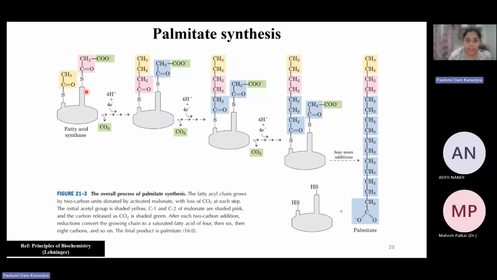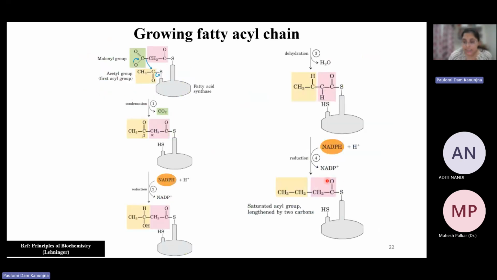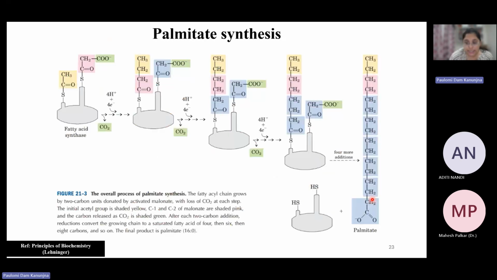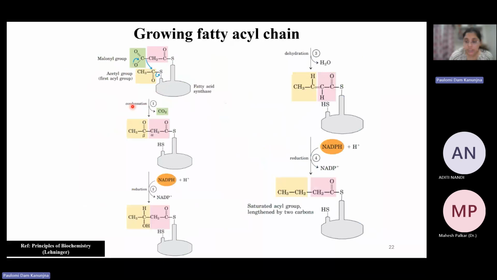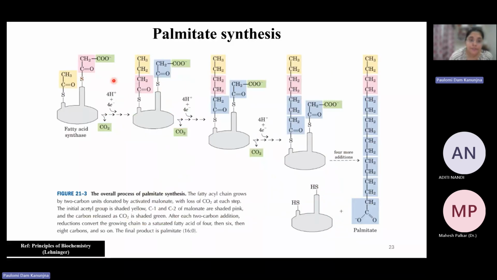Now see, if you go back here, it's very evident to you. This was where we stopped, and in the second round, it is here. So this transfer is also taking place from this group. This is getting transferred to this group here. So why will that happen? We'll see in a while. But remember, the first chain is made here and it is transferred to this other thioester.